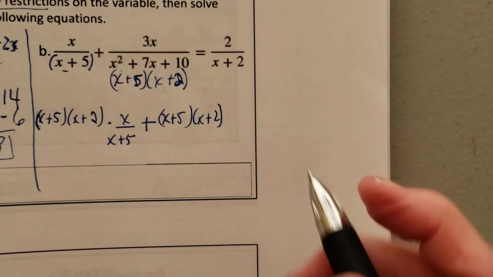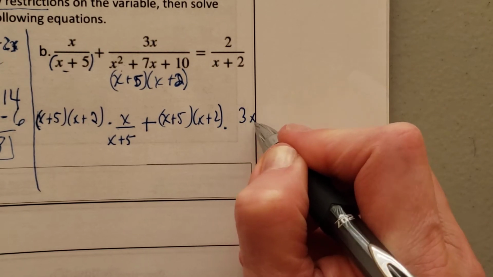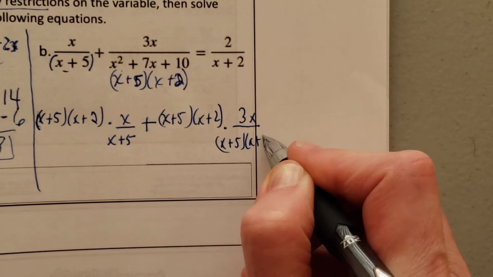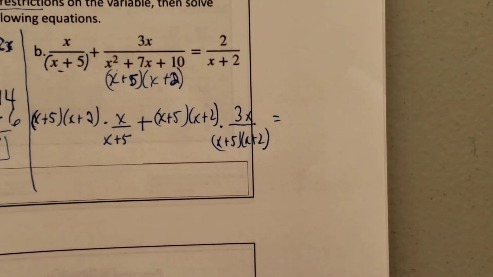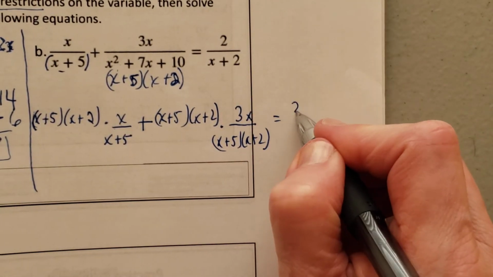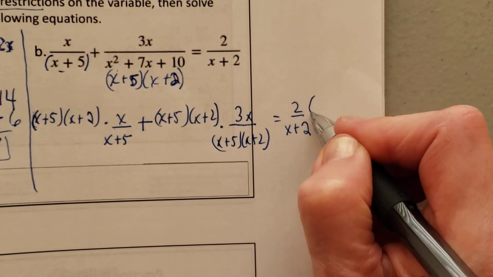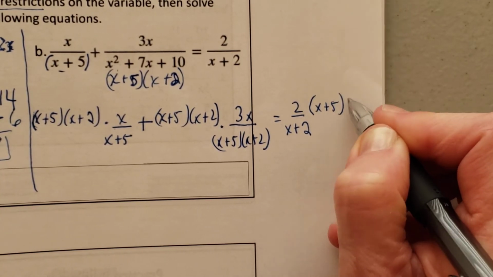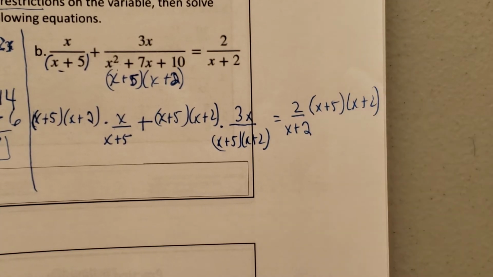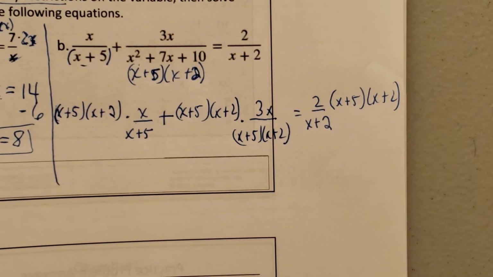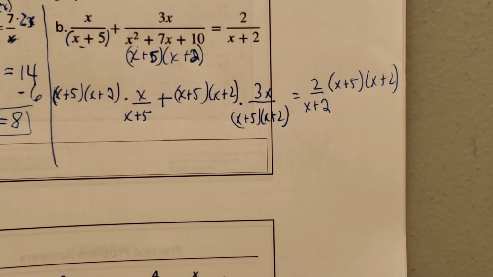And this whole term is 3x over x plus 5, x plus 2. Now my equal sign, I'm going to have this term, and I'm going to multiply this also by my least common multiple. So it makes it a long math problem, but it's actually kind of easier to do it this way because you don't like fractions anyway, so we're going to get rid of them.